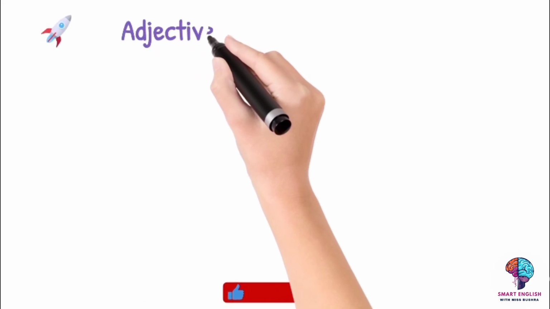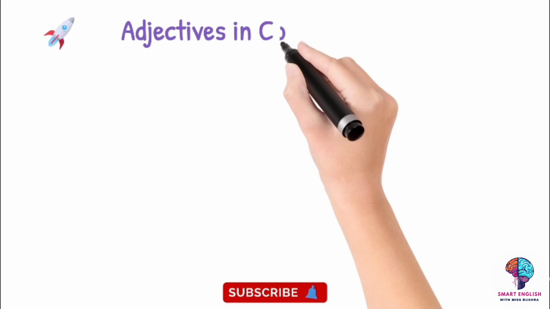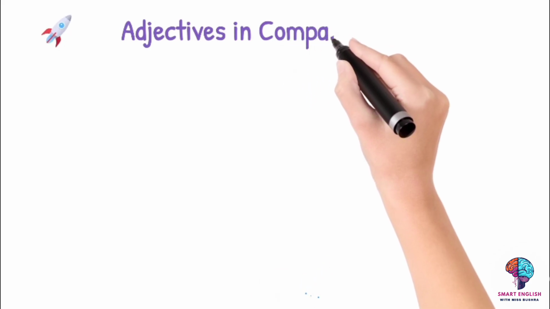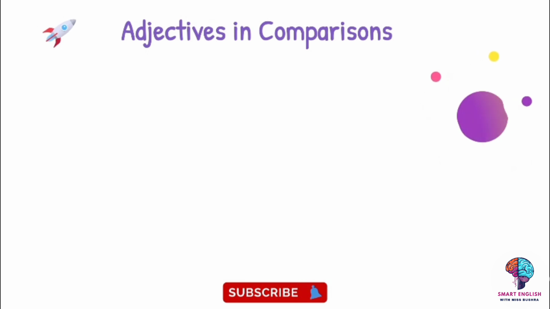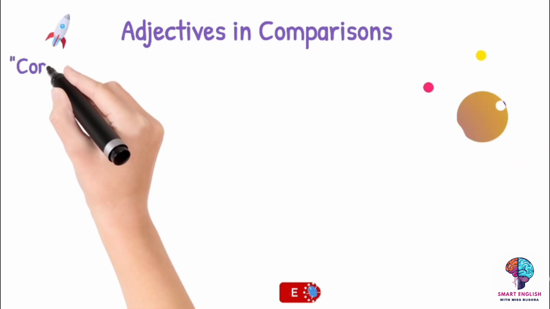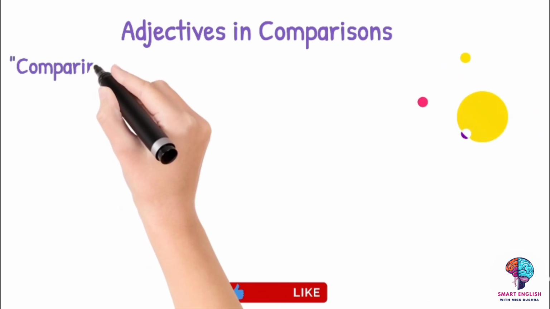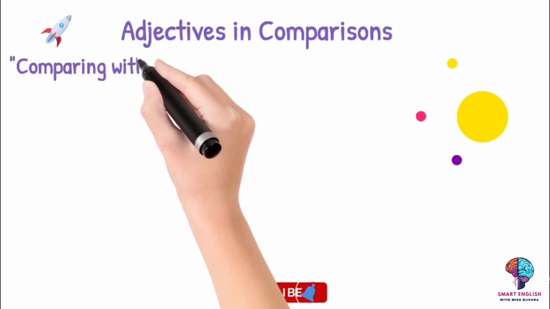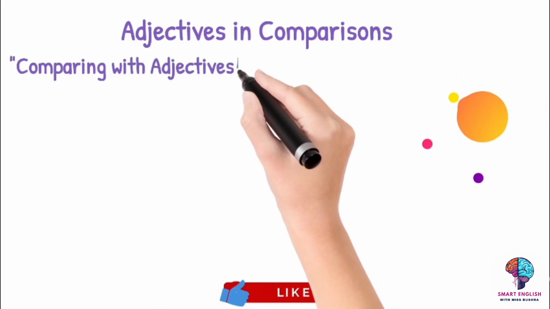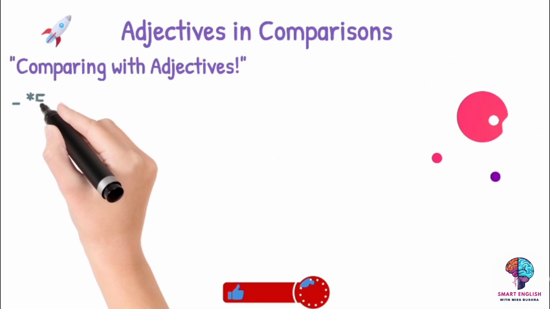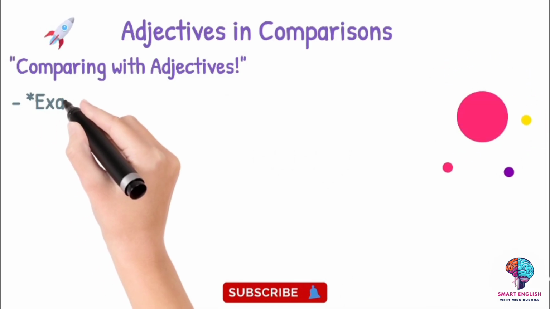As I told you, adverbs usually end in -ly. This is true. And adjectives define the quality and the quantity of any noun or pronoun. Adjectives in comparison. Now I'm going to tell you some of the types and comparative adjectives.